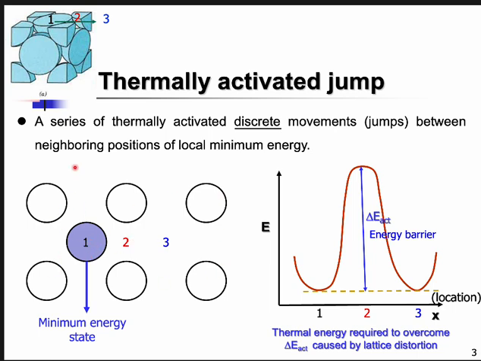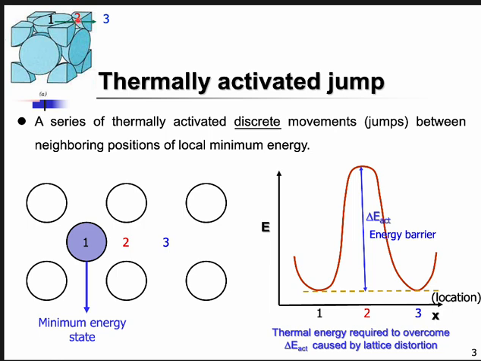So this is a cartoon, right? But in real FCC structures, the atom at location number 1 is shown like this. If it wants to jump to number 3, also a minimum energy state, it needs to go through location number 2, then move to location number 3.